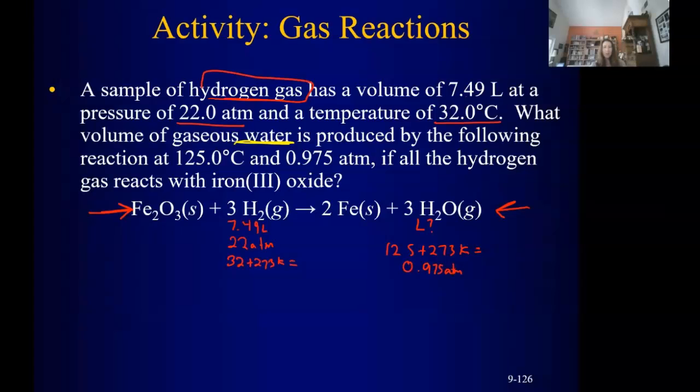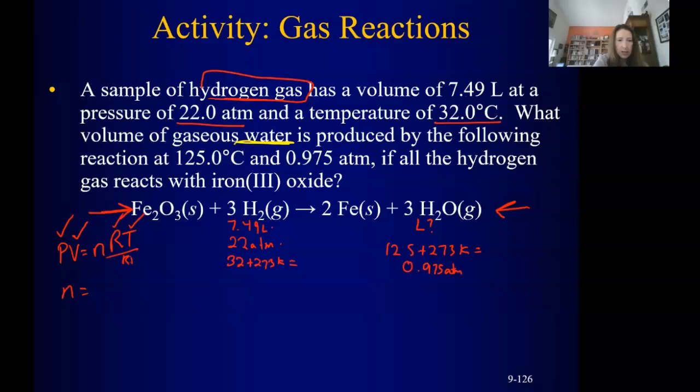Thank you. Okay, so if we look at our hydrogen, we have a volume, an atmosphere, and a temperature. Okay, so again, it's gases. So I'm just going to write PV equals nRT to figure out what do we have. So we have a volume, check. We have a pressure, check. We have a temperature, check. And we always have R. So what I just found out was I can use PV equals nRT and I can solve for n.